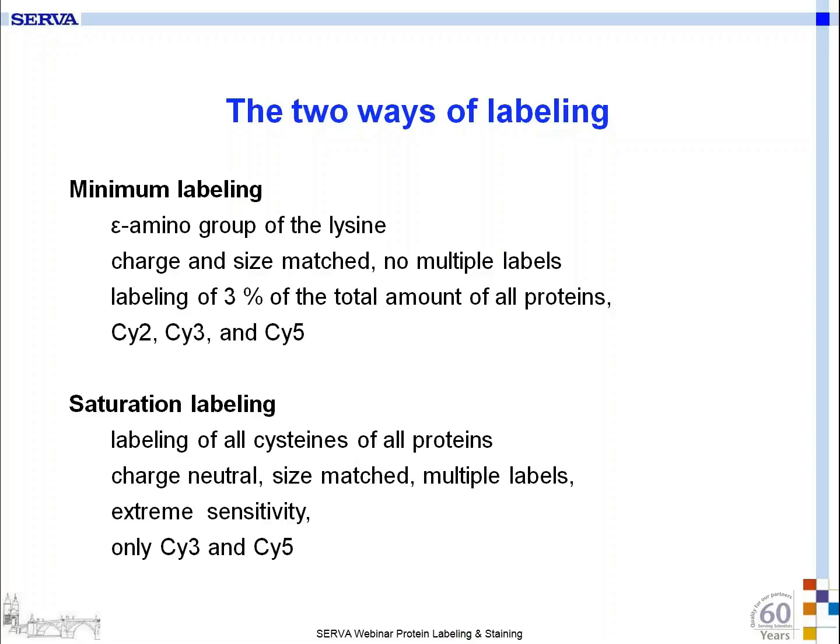There you have a neutral size match charge, and multiple labels are possible, and it is extremely sensitive. But in, let's say, 80 to 90% of labs, they only do minimal labeling because they can also add the Cy2 and get even one factor more of information out of it.